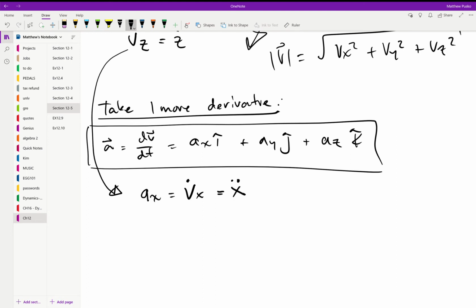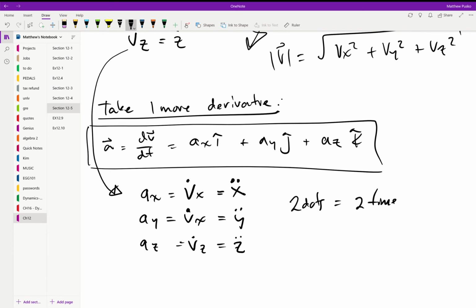These are all equal, and then we can do that for y also. The acceleration is equal to v dot y or y double dot. The acceleration in the z is equal to v dot z, and it's also equal to z double dot. So 2 dots equals 2 time derivatives.